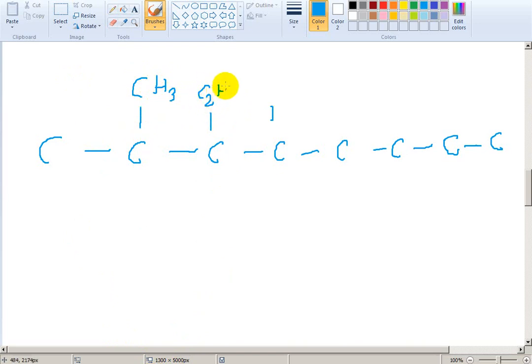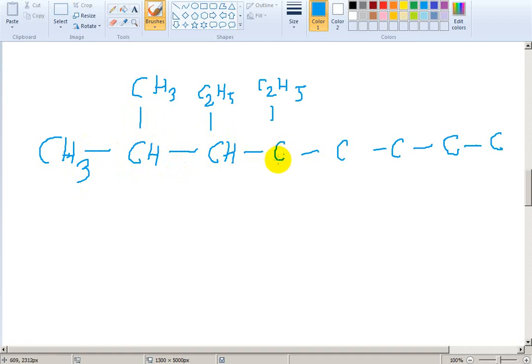Ethyl can be written this way: C2H5. Okay, this carbon can form 4 bonds. We had 1 bond present. I'll write 3 more bonds will form with hydrogen. This carbon already has 3 bonds, so 1 bond will form with hydrogen. This carbon already has 3 bonds, 1 bond will form with hydrogen. This carbon already has 3 bonds, 1 bond will form with hydrogen.